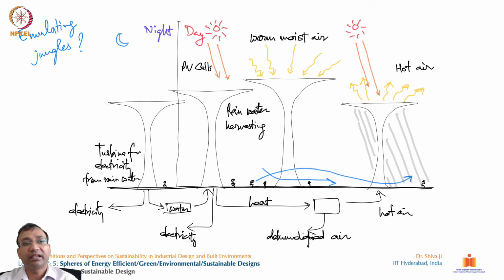Of course, they collect rainwater as well as this moist air, because this is situated in an oceanic area, a very humid region. So there is a lot of water content in the air, and that is how they harvest water, by trapping this moist air in the filters.